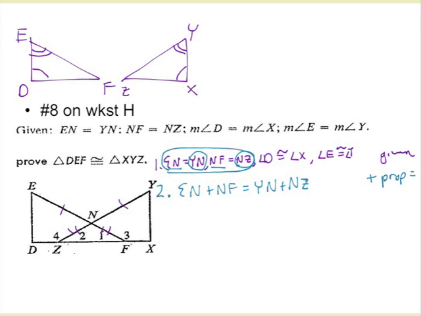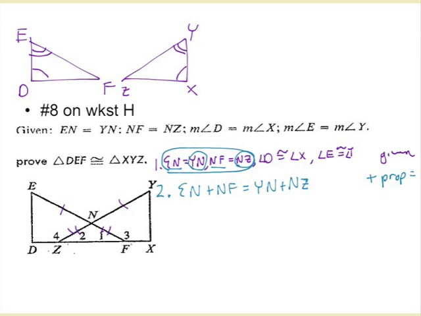It's like algebra. We're just taking and adding 2 to both sides of something. We're adding together 2 equations. A lot of students want to call it segment addition. In segment addition, we should be taking 2 segments and putting them together to make one thing, which is not what's happening here. In a segment addition, you'll have to be looking at a picture to be able to do that. Whereas this, I didn't even really need the picture. I just took the 2 pieces from the given and added them together. So that's just an addition property.